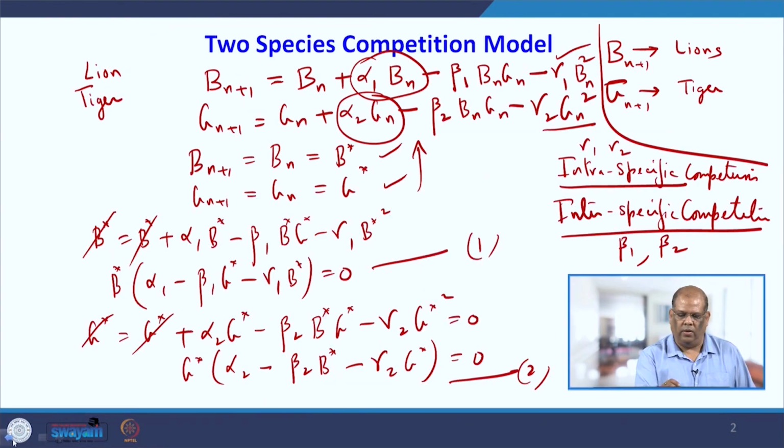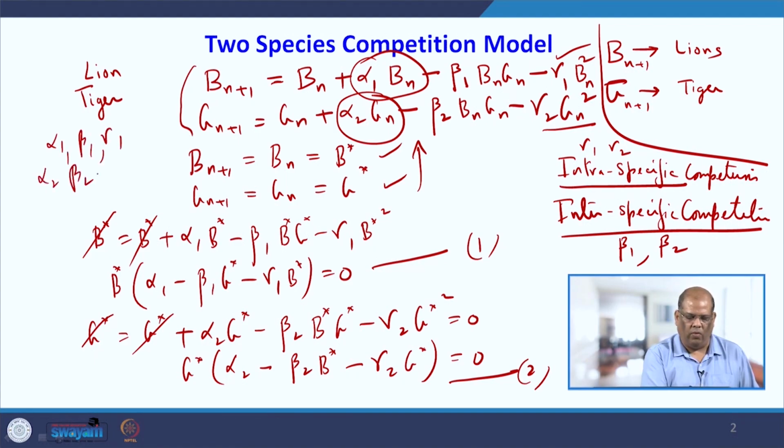In these two equations, the parameters are alpha 1, beta 1, gamma 1, and alpha 2, beta 2, gamma 2, and all of them are positive.